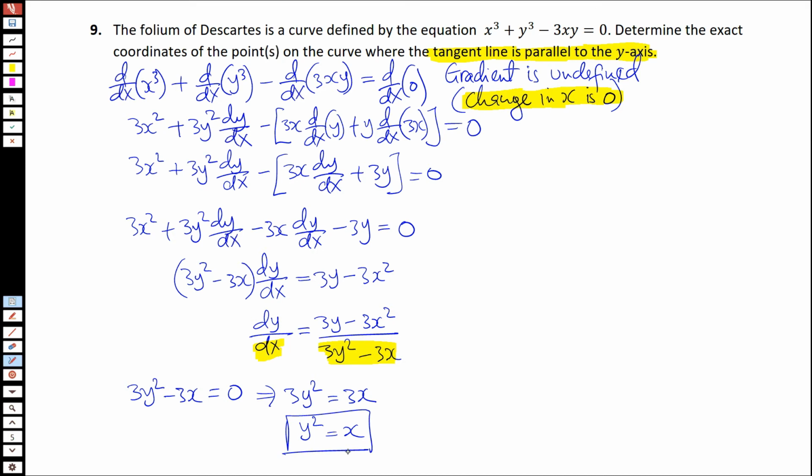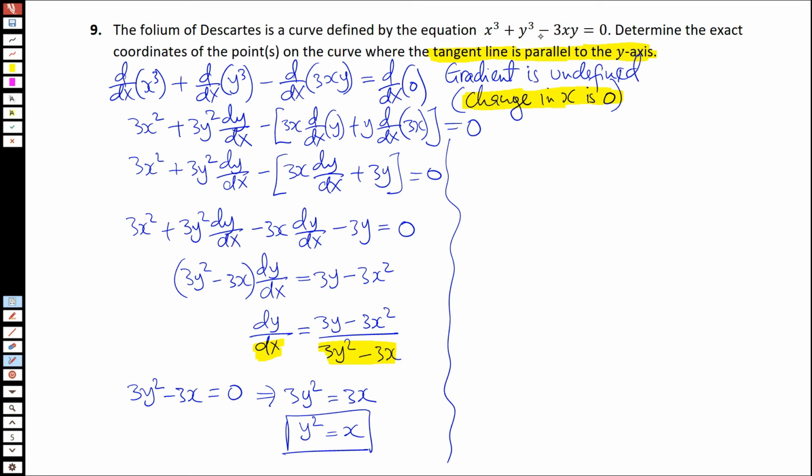Okay, so how does this condition help us? Well, we can substitute this back into the original equation and then solve for the corresponding x coordinates or y coordinates. So what we shall do is replace x with y squared, which makes it easier.